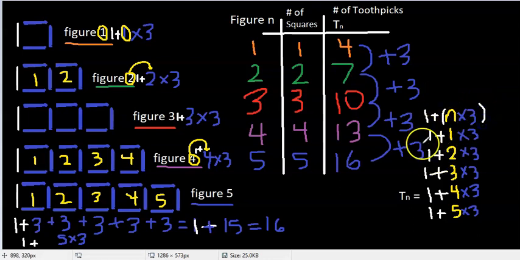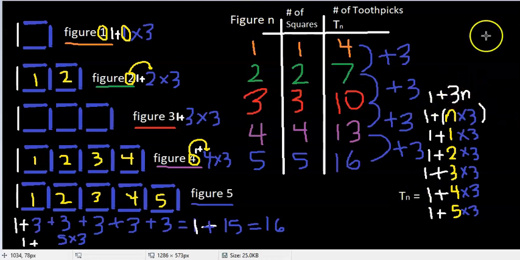And we can write this out by saying T of n, and then we'll write 3 times n, multiplication, right? And 1 plus, and as we know, we want to put our constant last and our variables first.